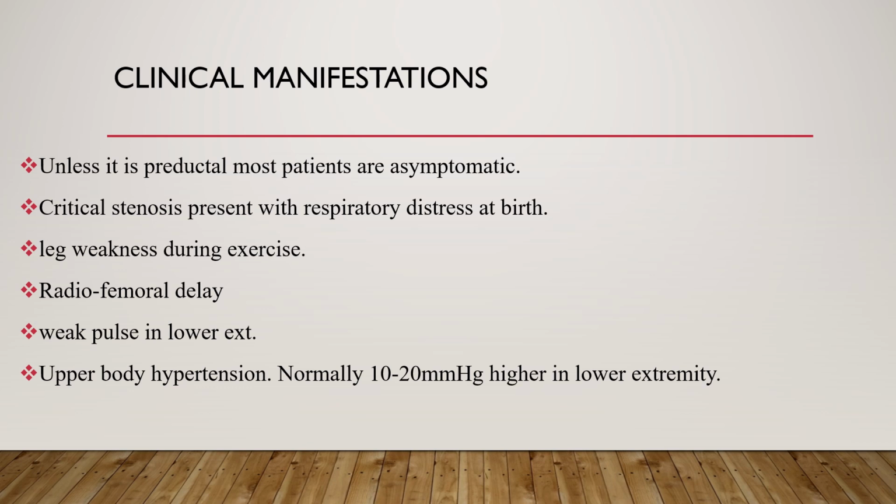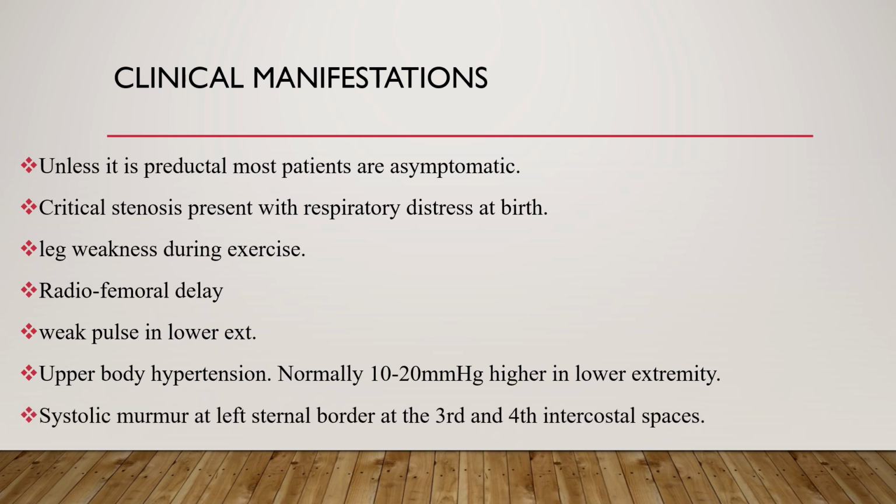Normally, blood pressure is 10 to 20 mmHg higher in the lower extremity. So if blood pressure is higher in the upper extremity compared to the lower extremity, this is not normal, and we should think of coarctation of the aorta. A systolic murmur at the left sternal border at the third and fourth intercostal space can also be heard.